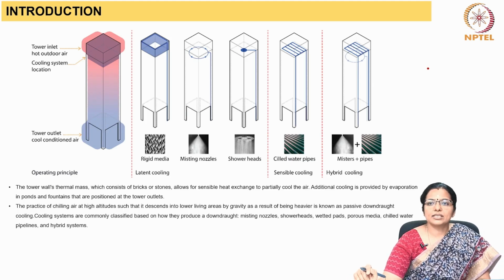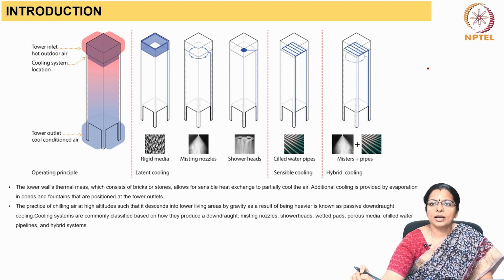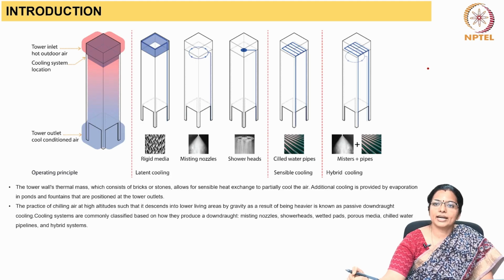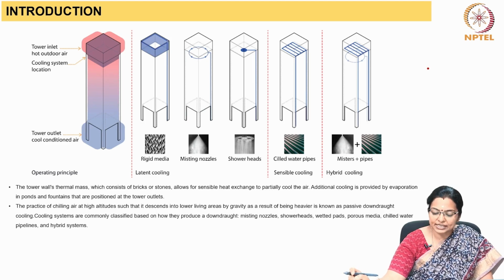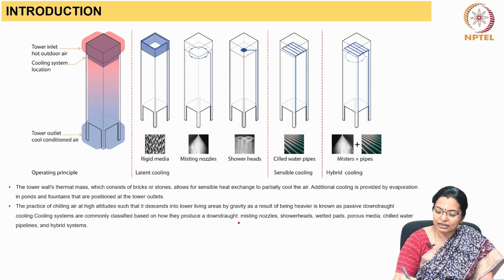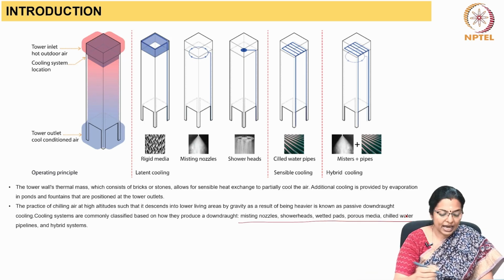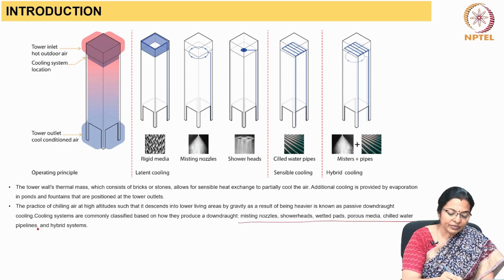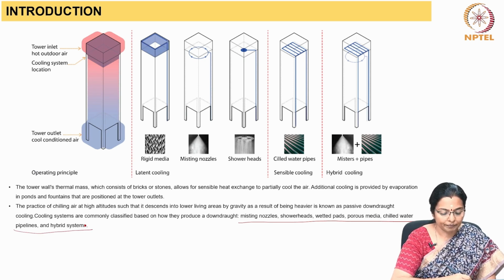So, cooling systems are commonly classified based on how they produce a downdraft. Misting nozzles, shower heads, bedded pads, porous media, chilled water pipes, and hybrid systems are some of the methods through which the air is made heavier by increasing its humidity.